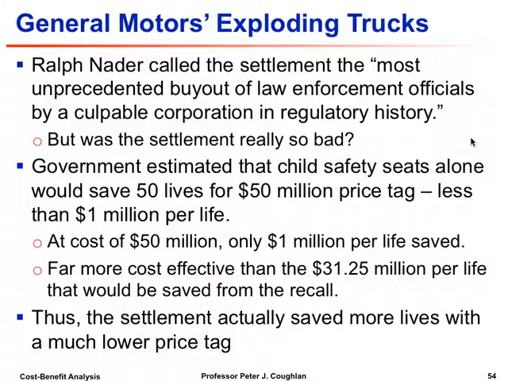So the idea is, do we want General Motors, if they're going to spend their money on saving lives, to save lives at $1 million each, or at $31 million each? Even if it's General Motors money and not your money, not the government money, we certainly would rather have them spend the money where it would have the most bang for the buck, right? So in other words, the settlement actually saved more lives with a much lower price tag than the recall would have.